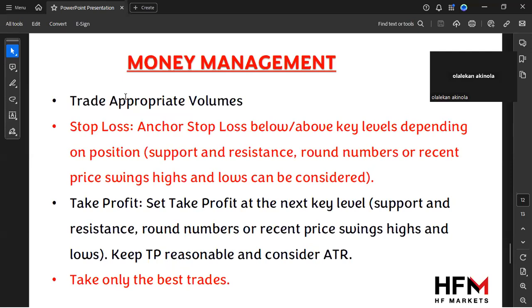Paying attention to market analysis, conducting research, following the main story in the market, paying attention to a good entry, managing your risk. All of this helps you to take the best trade.